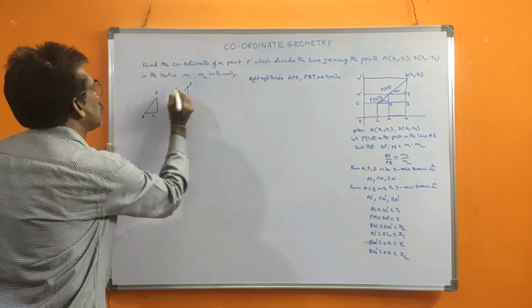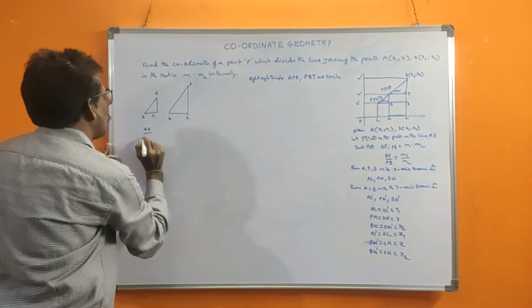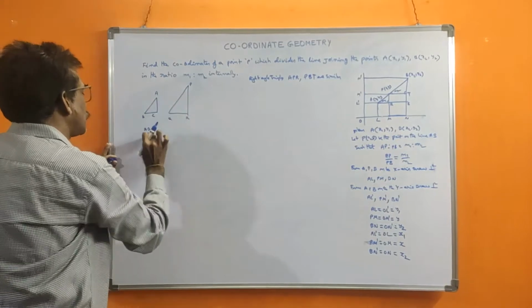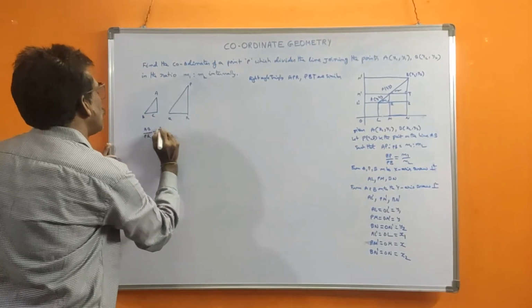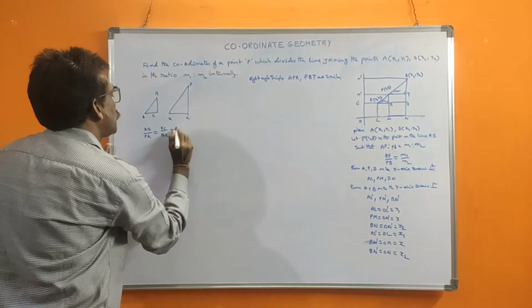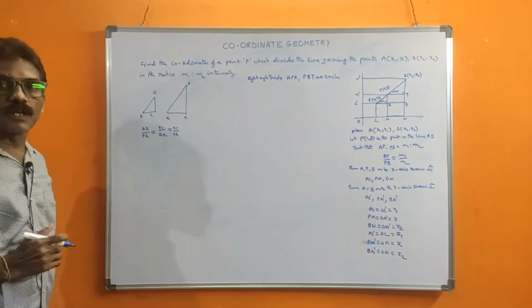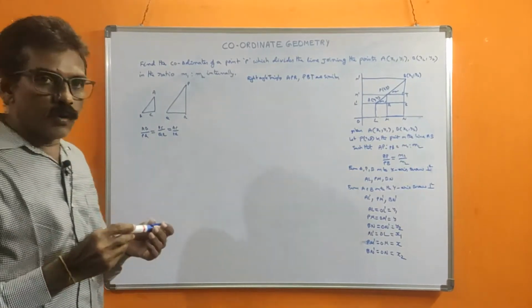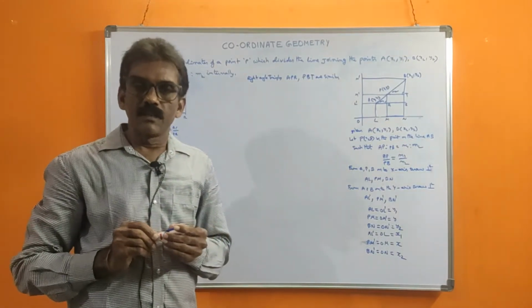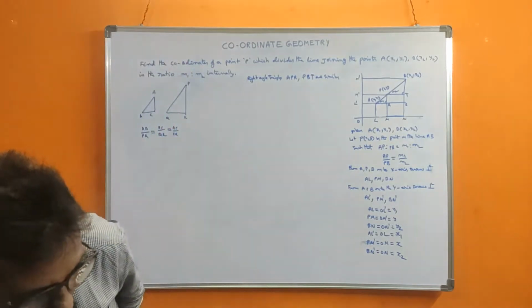That means, suppose you take side AB and this side PQ, the ratio you take, that ratio is equal to BC by QR, which is equal to AC by PR. So these ratios are equal. If two triangles are similar, then their corresponding sides' ratios are equal.